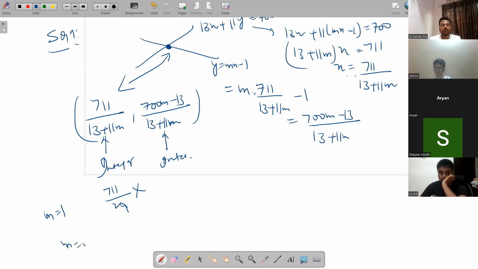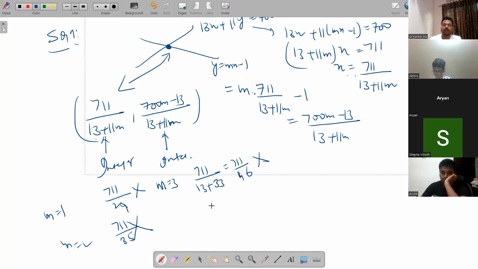Put m equal to 2: 711 upon 13 plus 22, 35, not an integer. Put m equal to 3: 711 upon 13 plus 33, 46, not possible. Put m equal to 4: 711 upon 13 plus 44, that is 57.